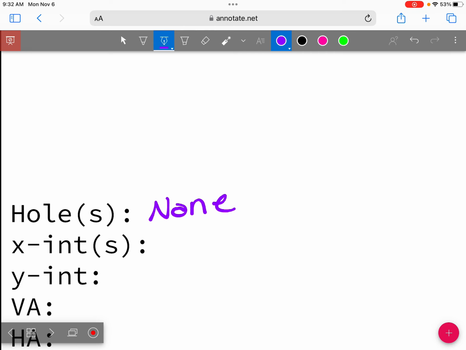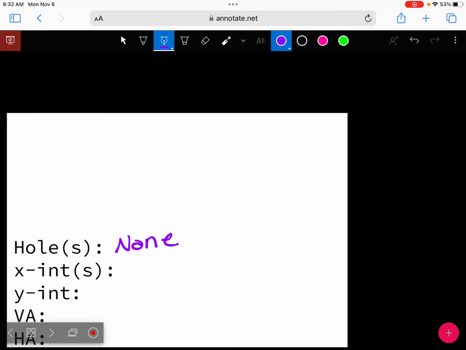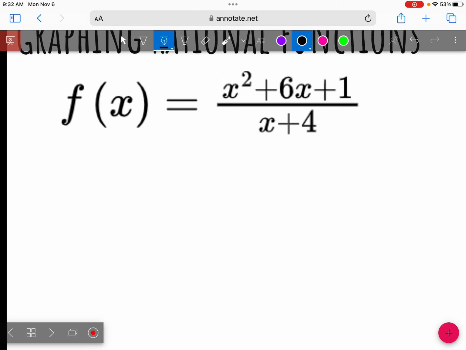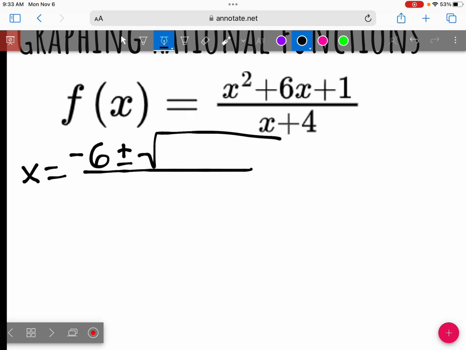To get our x-intercepts, that's when we got to use our quadratic. So we're going to use the quadratic formula to get x-intercepts. So we're still looking for those solutions of the numerator to find the x-intercepts. So to find our solutions, we can use our quadratic formula. The opposite of b plus or minus the square root of b squared.